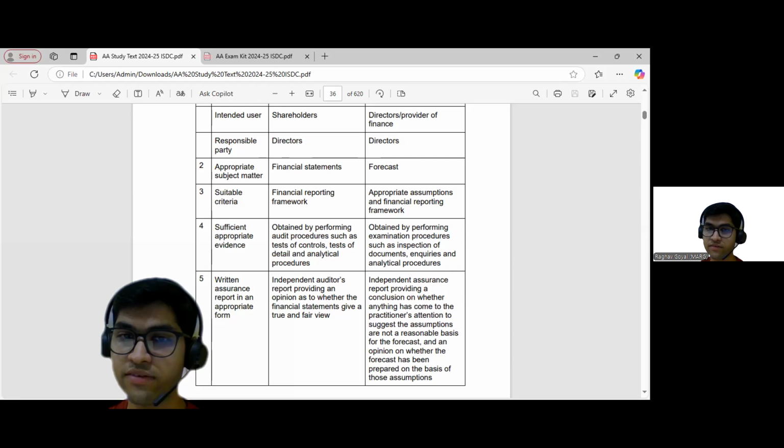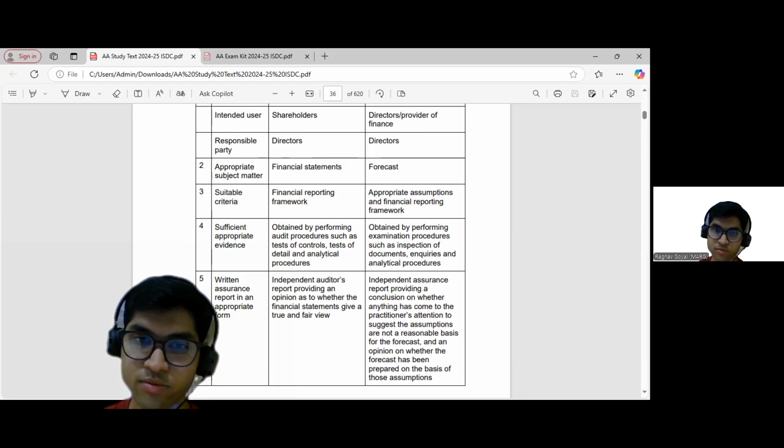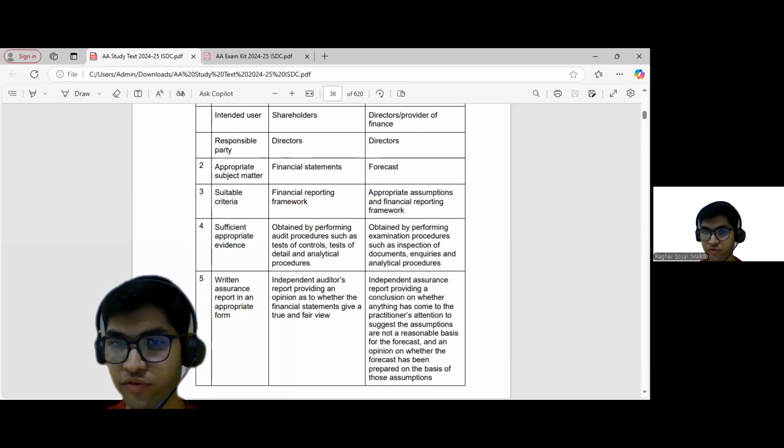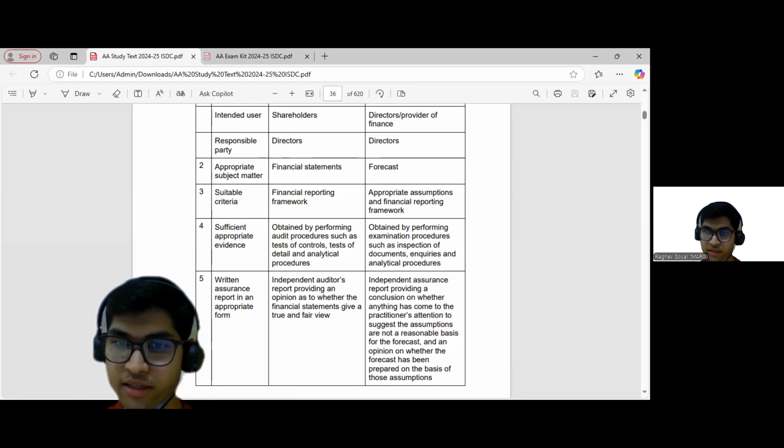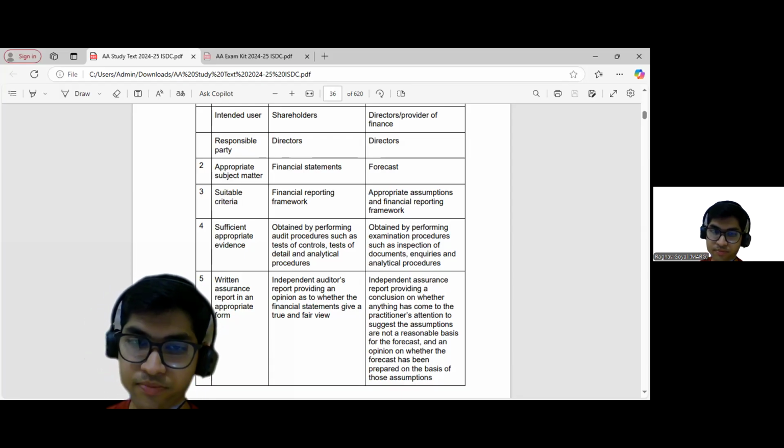Then similarly with regards to forecasts, we would have to check whether the assumptions are correct and based on something strong and concrete. Then we have to perform certain audit procedures such as tests of control, substantive procedures. Similarly, here also we will be performing those procedures.